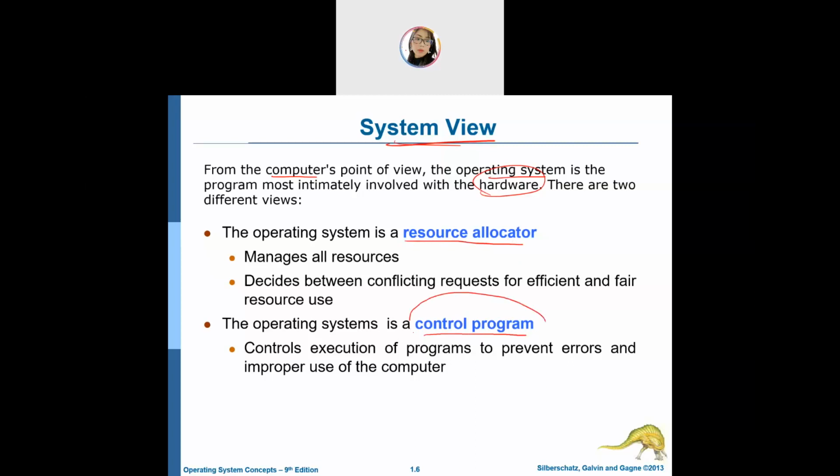I think you are normally familiar with the control program on your PC, so you can try to explore what is in it. And about a resource allocator, what is the function? It manages all the resources, deciding between conflicting requests for efficient and fair resource use.